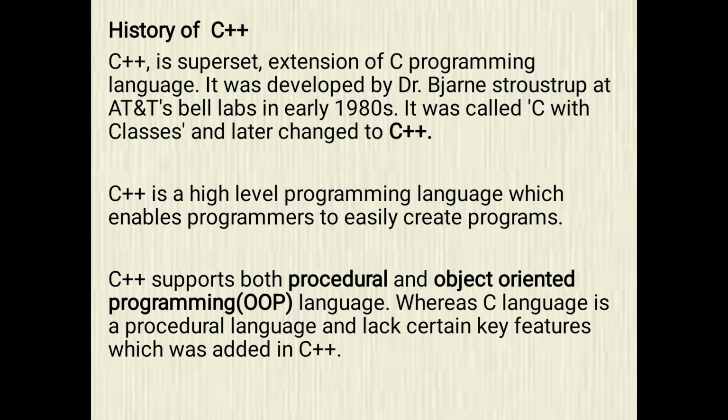You will not be using object-oriented programming in class 11, but next year the whole chapter will be based on OOP. The programs that you'll be learning now will be based on procedural programs.